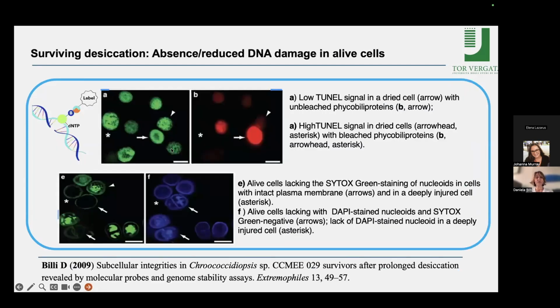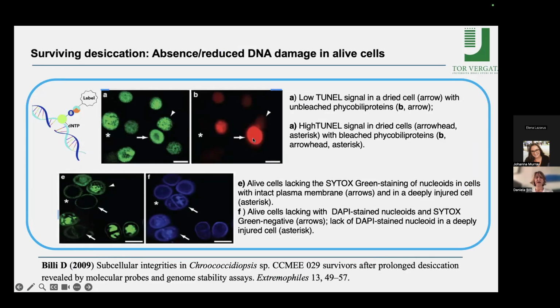And if you look at the DNA damage using a method that highlights the presence of DNA damage in situ, you can see that there are cells with a lot of DNA fragmentation. So you have a lot of this fluorescence dot-like signal, whereas other cells maintain a background signal.